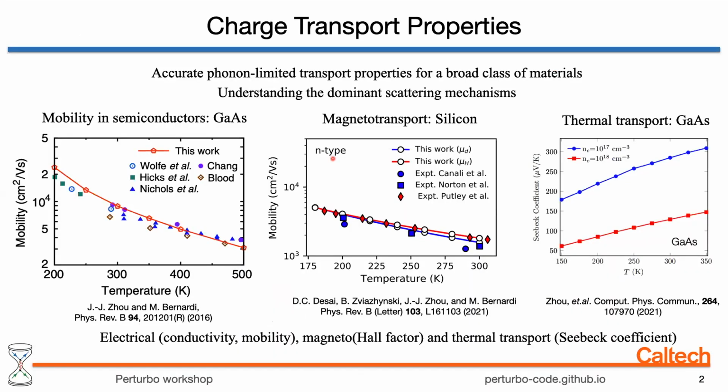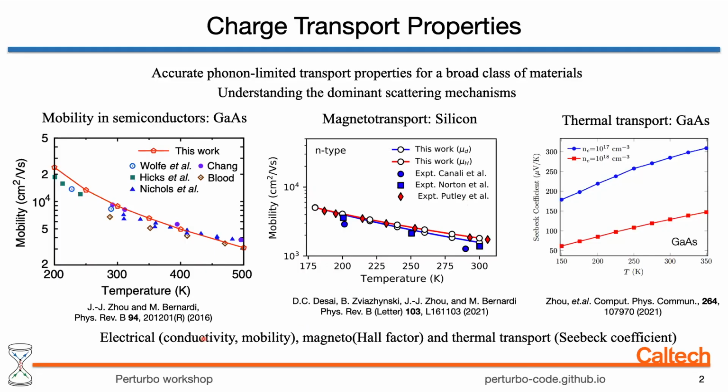So as Marco talked about in detail, Perturbo is able to accurately calculate phonon-limited transport properties in a broad class of materials. And some of these are shown here. Marco, of course, went into much more detail about this, so I won't elaborate on this point.